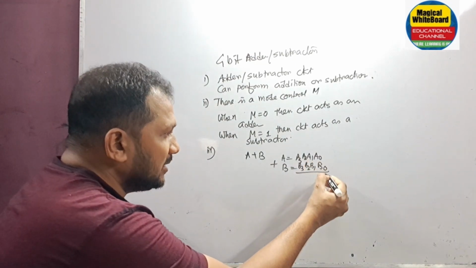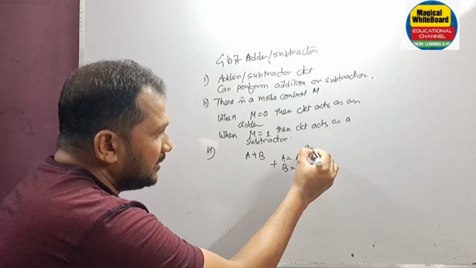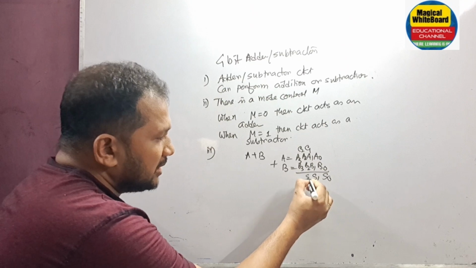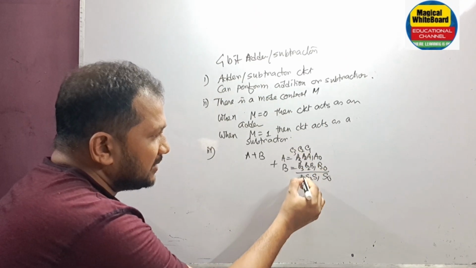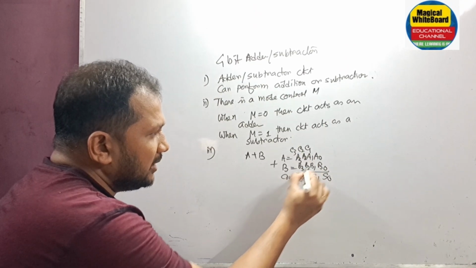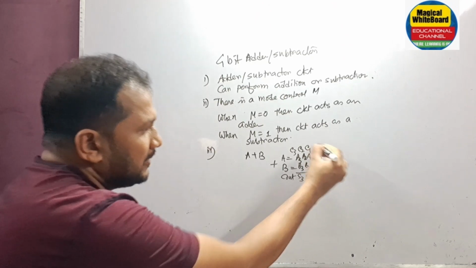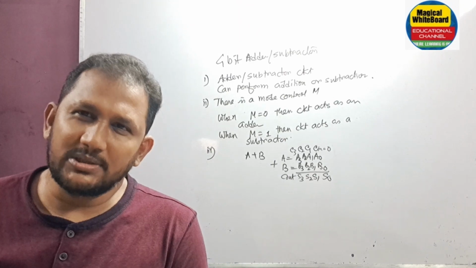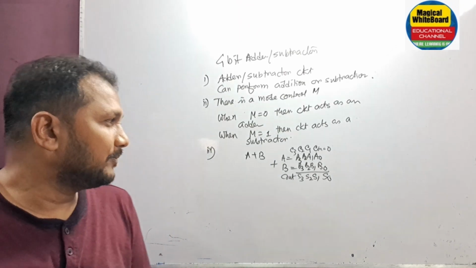A plus b, that is sum 0, and there is a carry C1, and the sum 1, there is a carry C2, sum 2, there is a carry C3, sum 3, and finally there is a C out, and in this case Cin equal to 0. For the first bit, there is no need of carry, so consider this Cin as a 0.